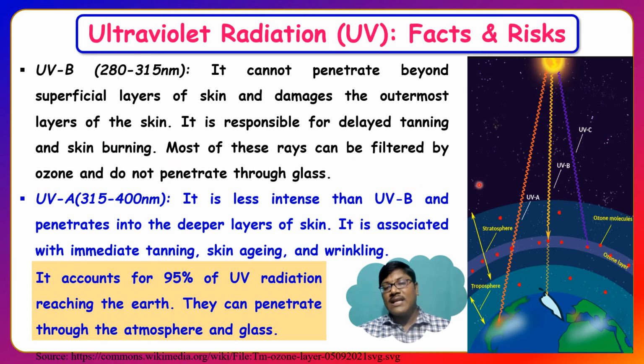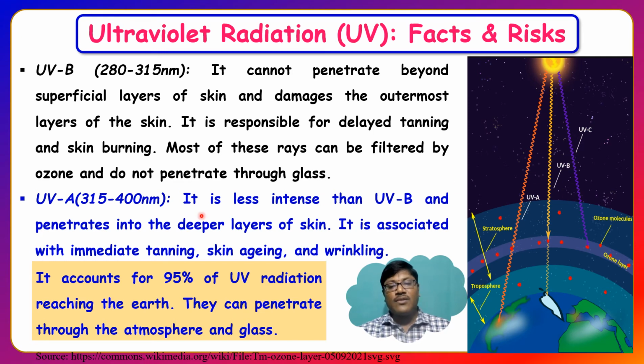Most of these rays are filtered by ozone and hence they do not penetrate through the Earth's atmosphere if ozone is in good concentration in the atmosphere. UVB radiation does not penetrate through glass. Until ozone is there, we don't face any problems with UVB.